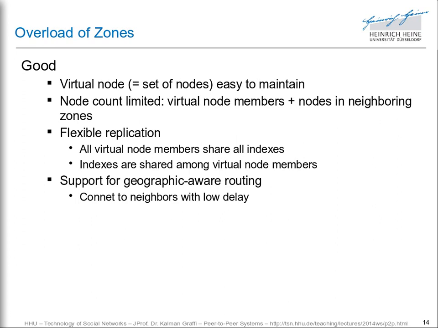So we have a built-in replication mechanism in these overloading zones. Yes, and we can support geographic aware routing, like I said before, so we can choose the neighbors of other zones.